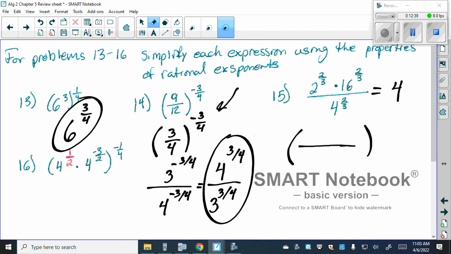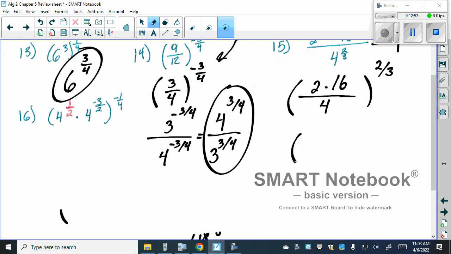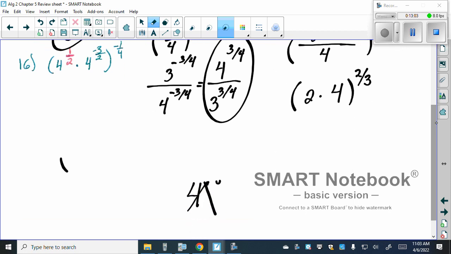Pull them all out, because since they all have the same power, we can have the 2/3 out here, but that leaves us with 2 times 16 over 4. Well, 16 divided by 4 is 4. Well, 4 times 2 is what? 8 to the 2/3.